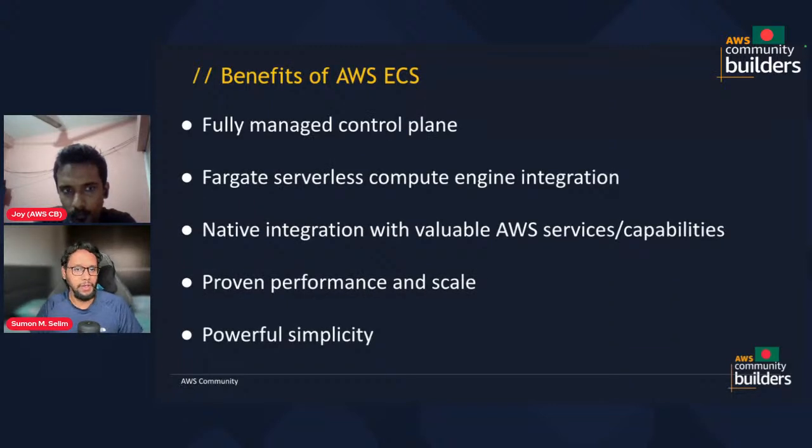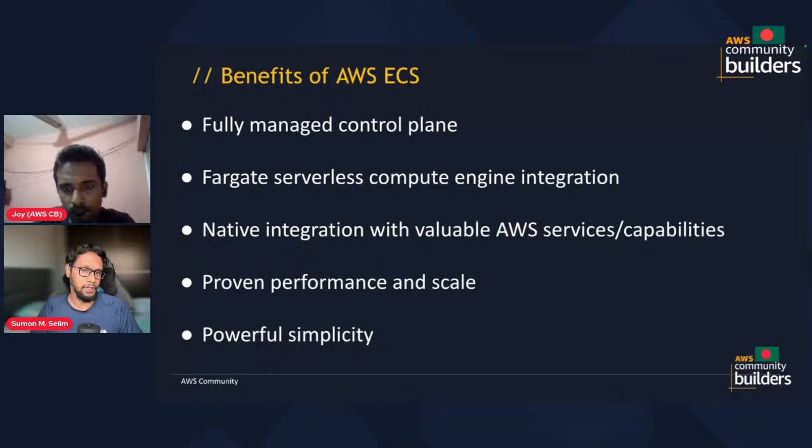And these are the benefits we get when we use AWS ECS. We get a fully managed control plane, or fully managed infrastructure, provided by AWS. We don't have to take care of the runtime updates, runtime security, or all the other things. The underlying hardware and infrastructure are all managed by AWS.